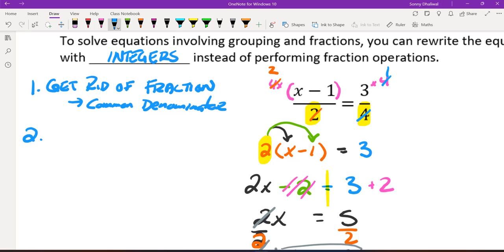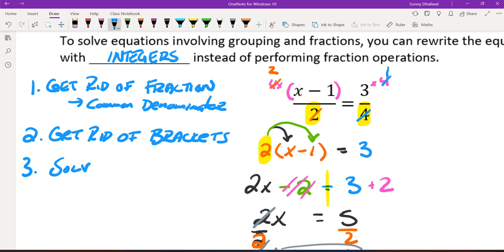Step 2, we now have brackets sitting there. Get rid of brackets. And step 3, we solve. Get rid of fractions, get rid of brackets, solve.